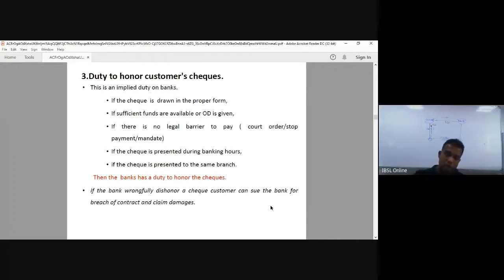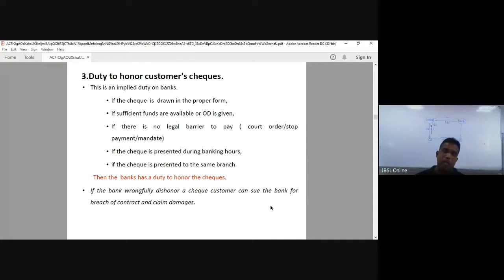So one branch can see the accounts of the customers of the other branches. Therefore, they can view the account and they can pay that as an additional service, not as an obligation or duty.